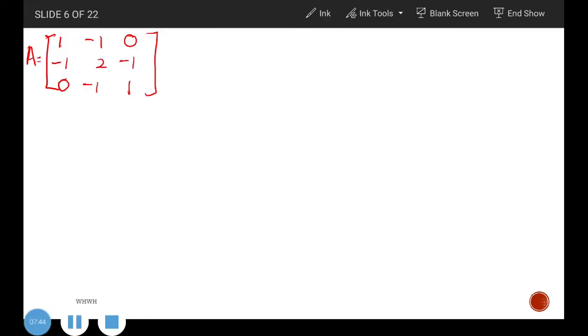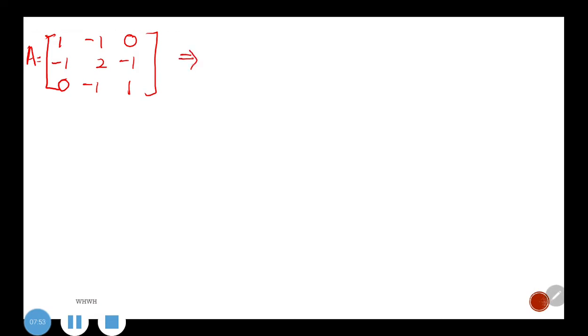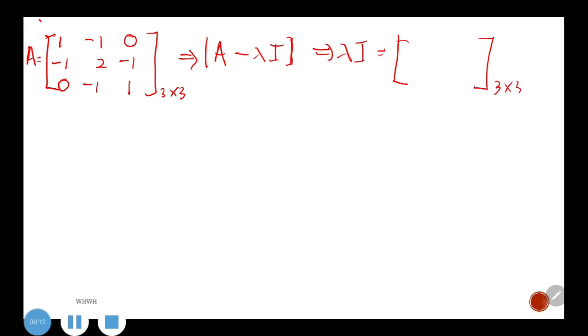Okay, so for this example 6a, I do it here. So the matrix is as this. To find its lambda, of course first of all, we do it in the form of A minus lambda I, right? For this case, because the size of matrix A now is 3 times 3, lambda I will also be 3 times 3.